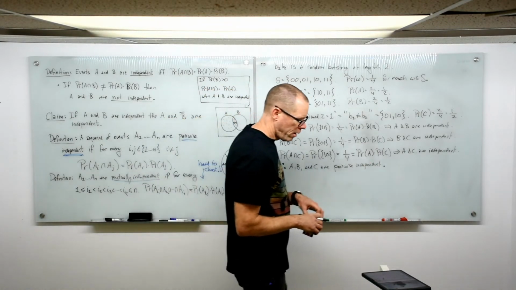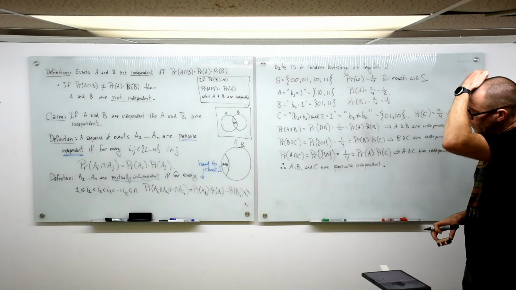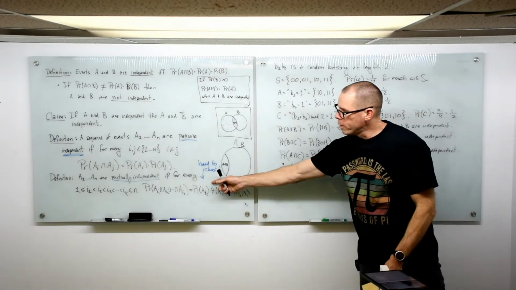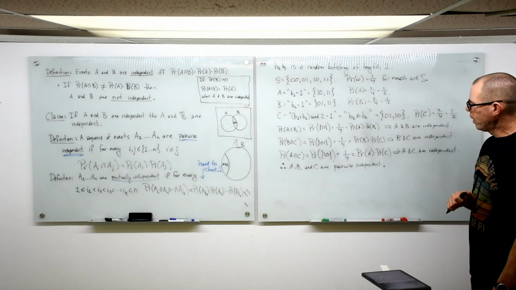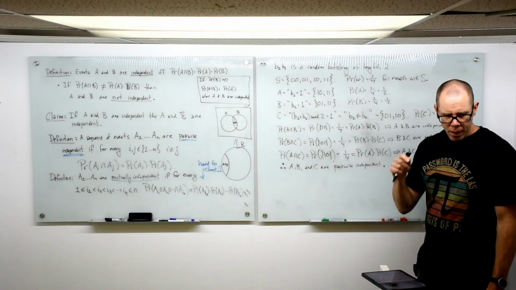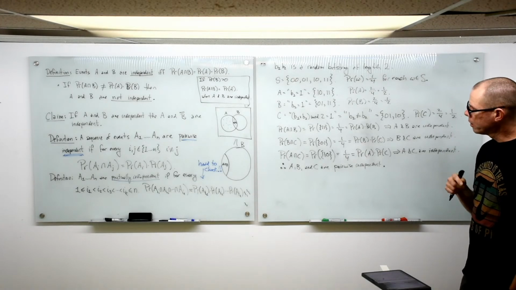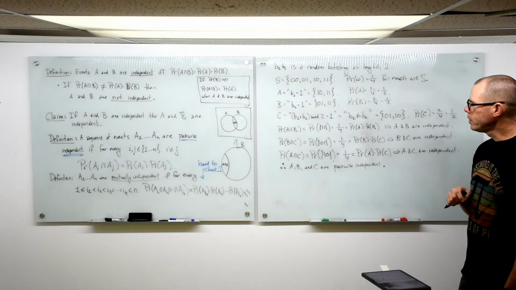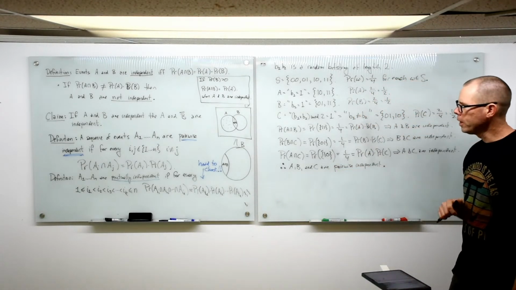Now, are they mutually independent? So, do they satisfy this definition? Well, I have three of them. I have checked that every pair is independent. The singletons are somehow boringly independent. They satisfy this definition immediately.